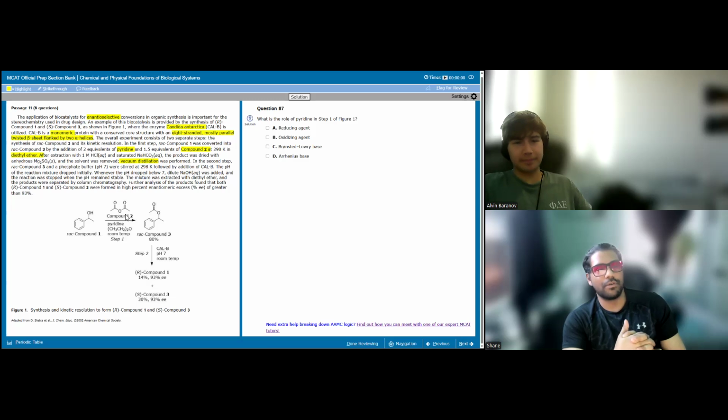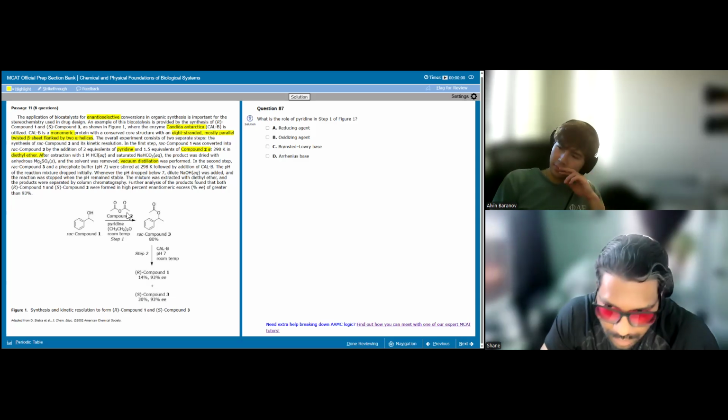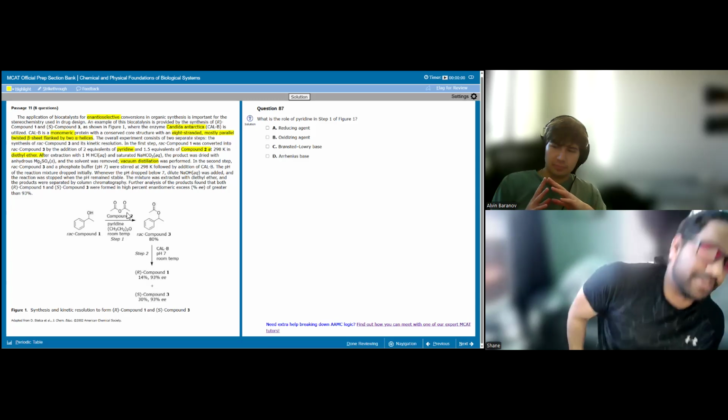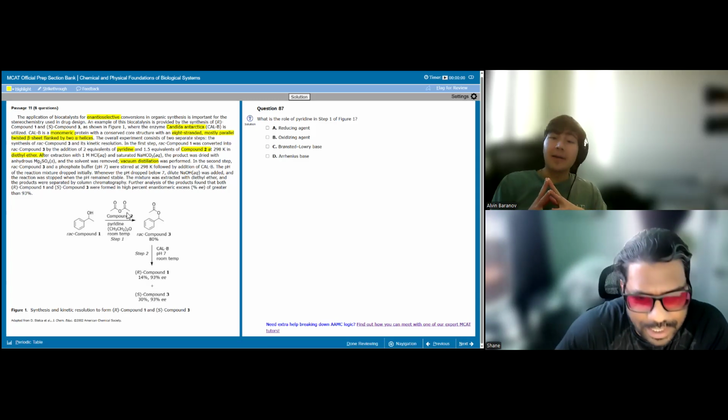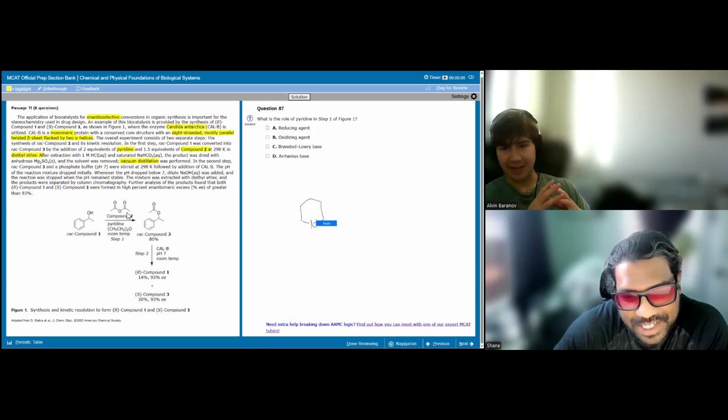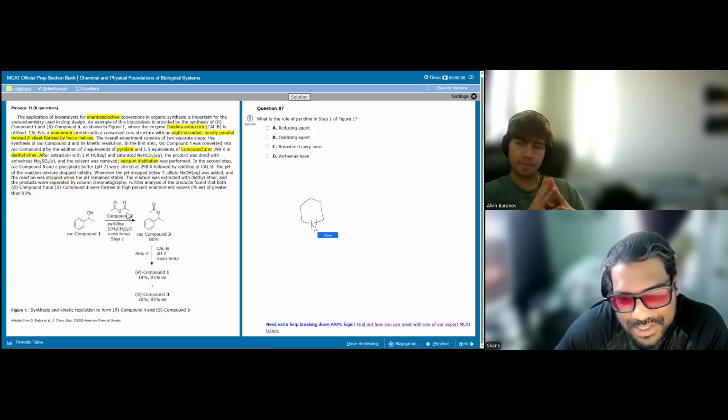So you know a Brønsted-Lowry base. I was thinking more along the lines of a Lewis base, because I thought it was going to have a lone pair.